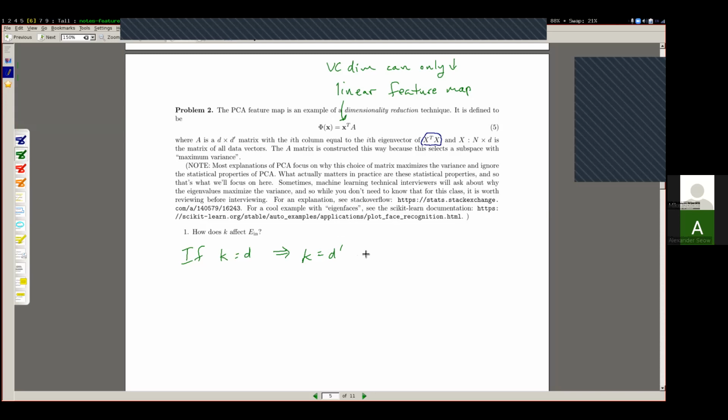In this case, it's actually going to be that it doesn't do anything to the data. The data will look different, but the perceptron will give you the exact same result on it.